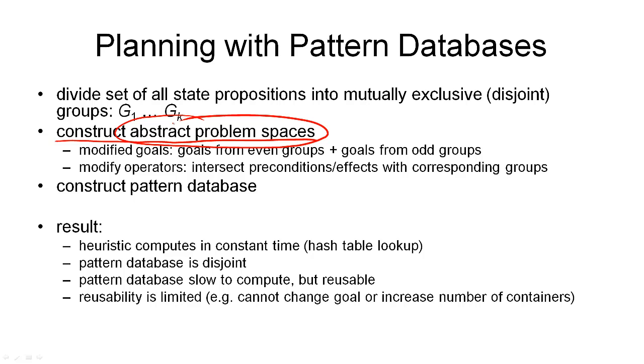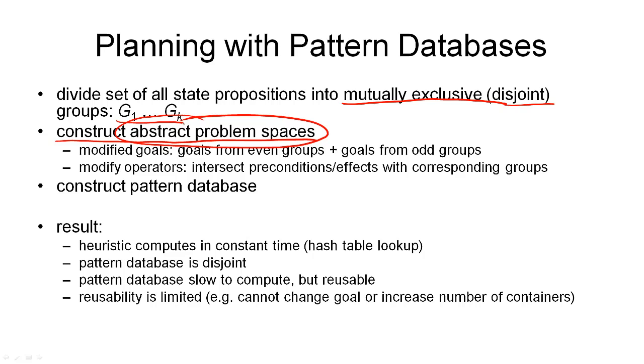Now, the question that remains is, which state proposition symbols should we drop from our problem description? And the way we do this determines the quality of our heuristic. And one way to do this works as follows. We divide the set of all state propositions that we have into mutually exclusive and therefore disjoint groups G1 through Gk.